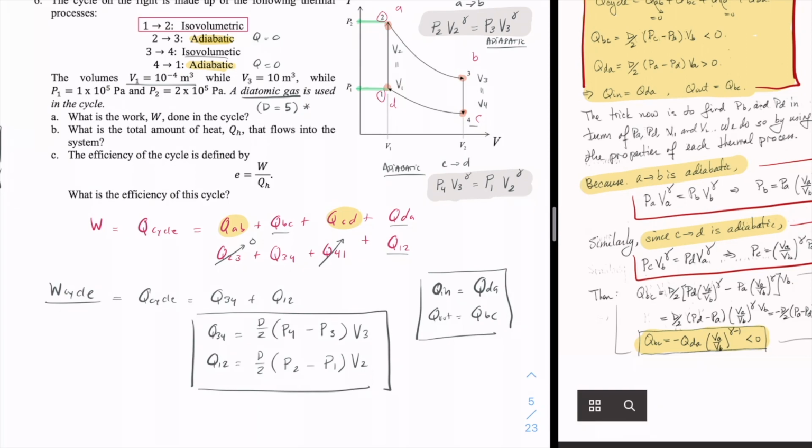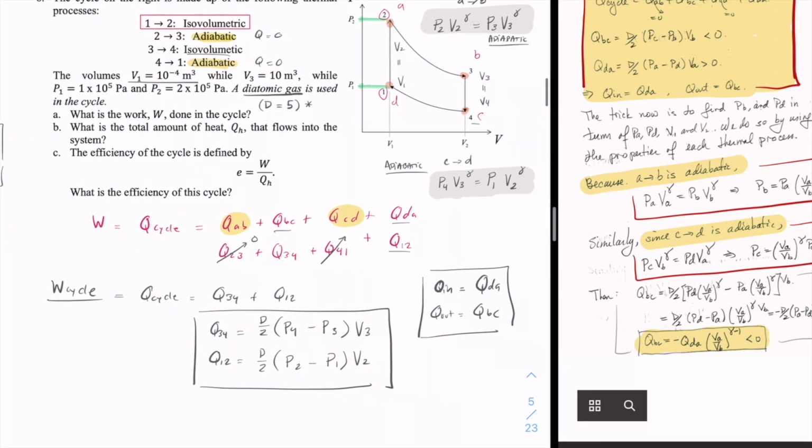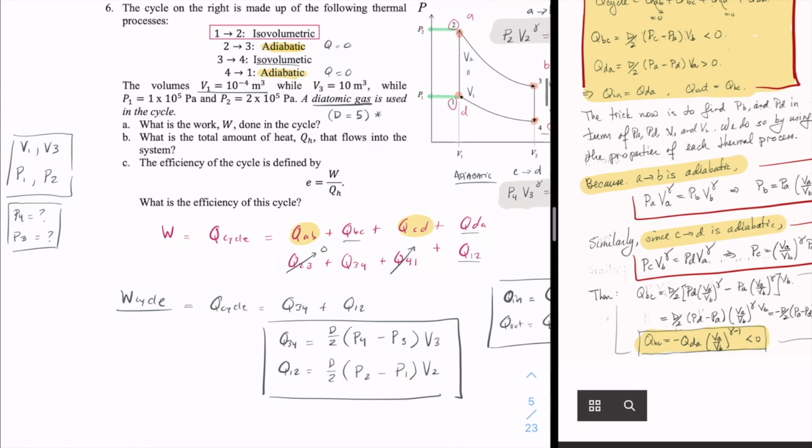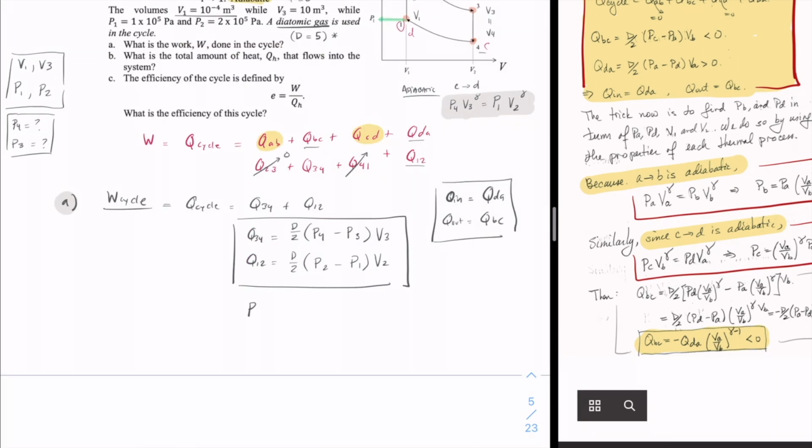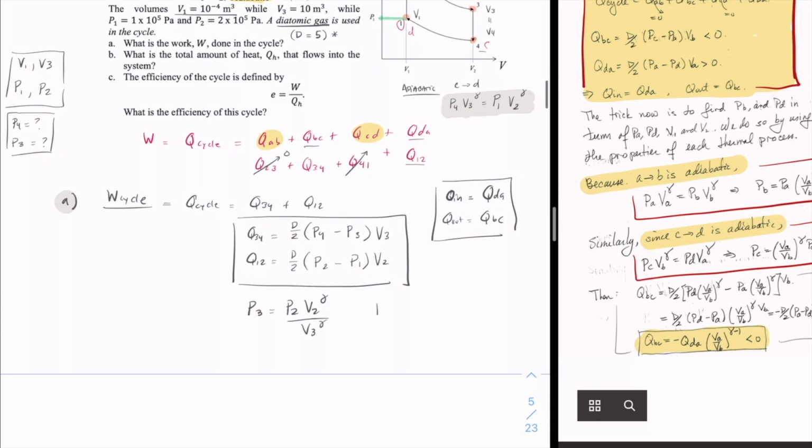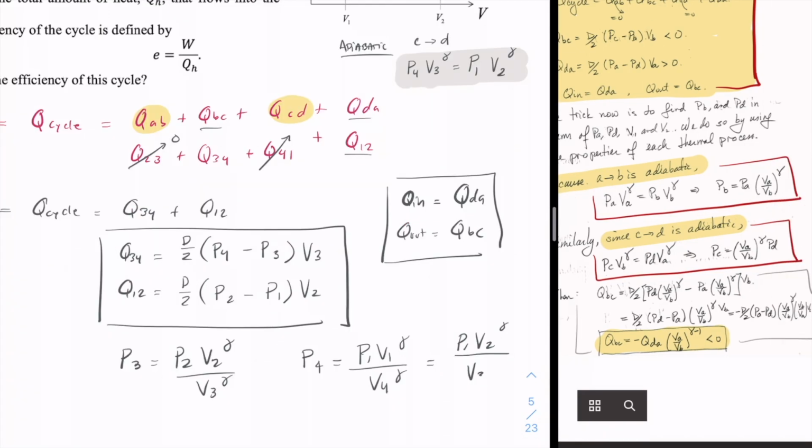If I know P1 and P2, and I know V2, I can figure out the pressures. Say that P3 is equal to P2 V2 to the gamma divided by V3 to the gamma. And then I can say that P4 is equal to P1 V1 to the little gamma divided by V4 to the little gamma. So we have a lot of similar, unchanging volumes, so these two statements should be equivalent.